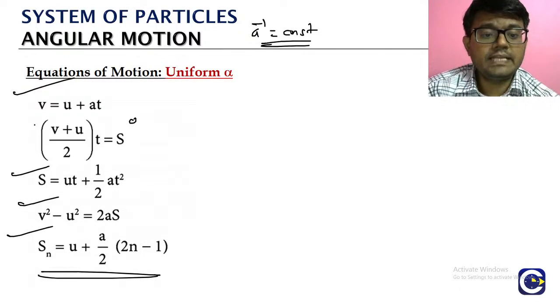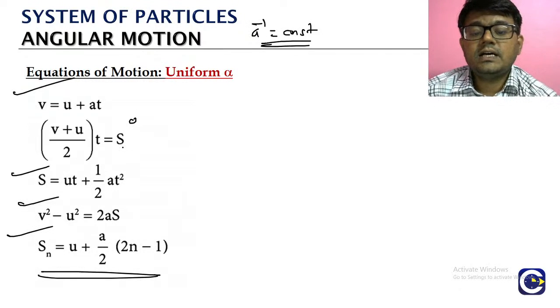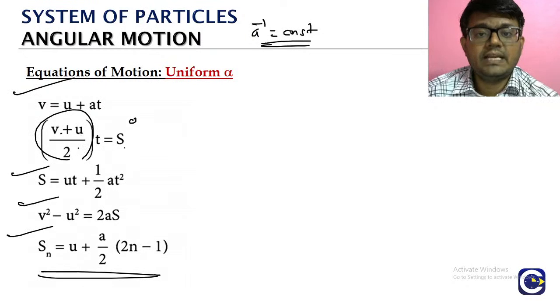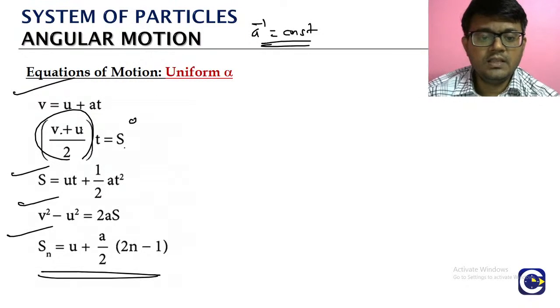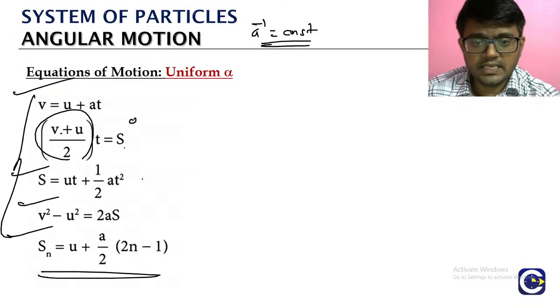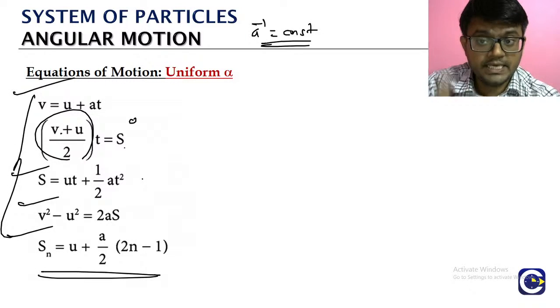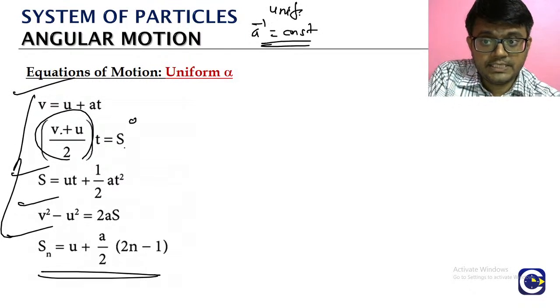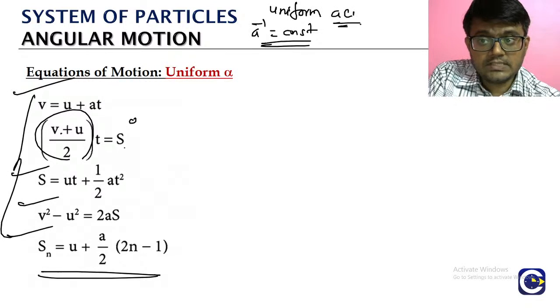This is a derived result. The displacement is equal to v plus u by 2 into t, where v plus u by 2 is the average velocity. These are all the equations of motion in case of uniform acceleration.